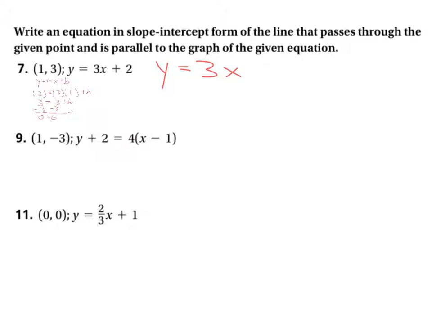Really it would say plus 0, but we don't write that when there's a 0 intercept. Remember, 0 intercept means it's going through 0 on the y-axis, or the origin. So we just write it as y equals 3x, and we're done.